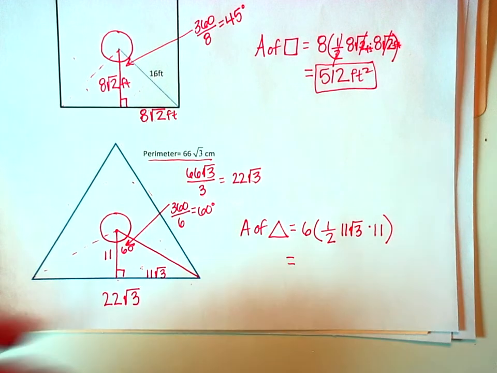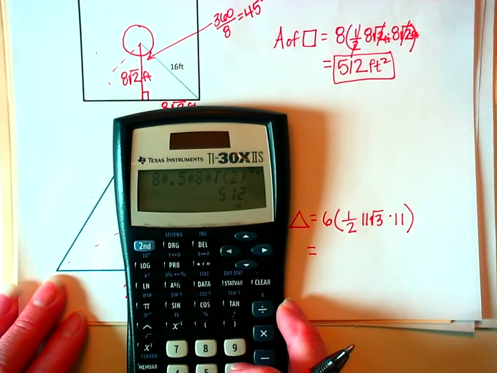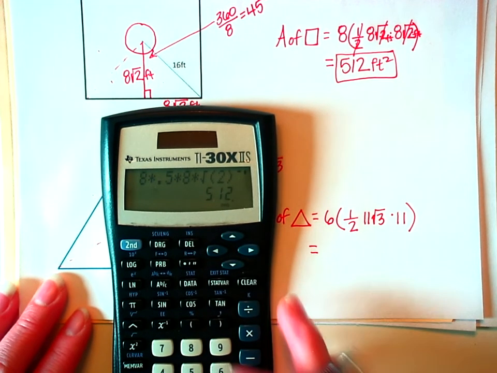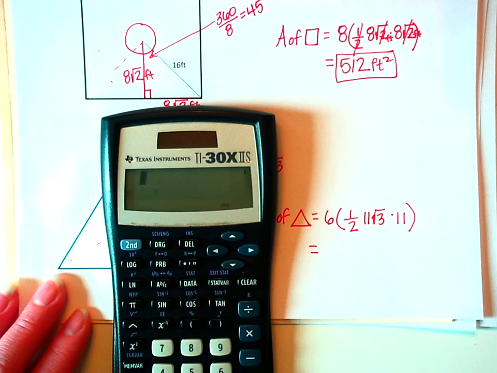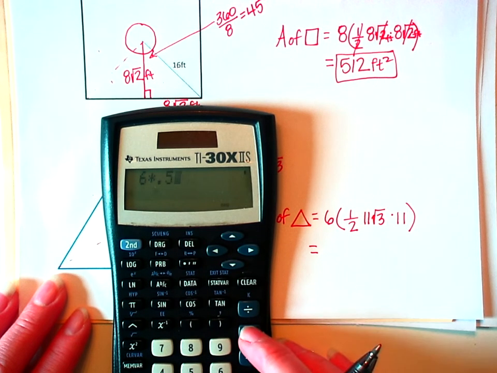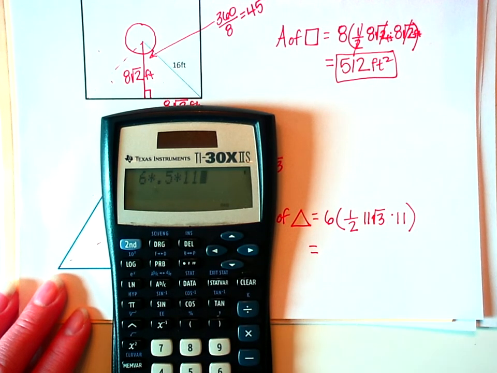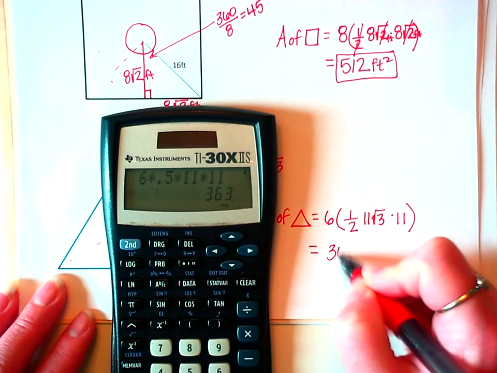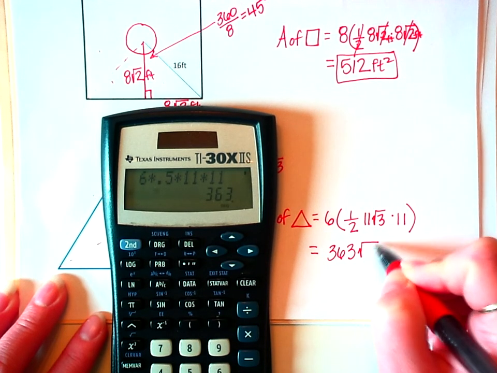In my calculator, I'm going to plug in everything except for the square root 3. So I'm going to go 6 times 0.5 times 11 times 11, and I get 363, and then I'll put a square root 3 next to it.